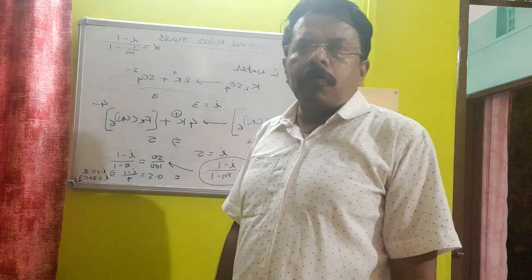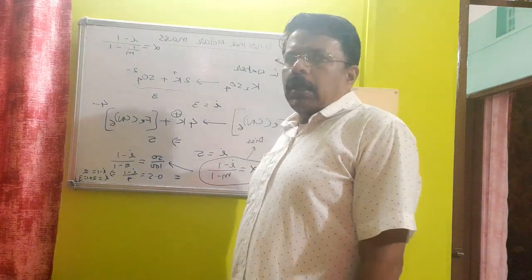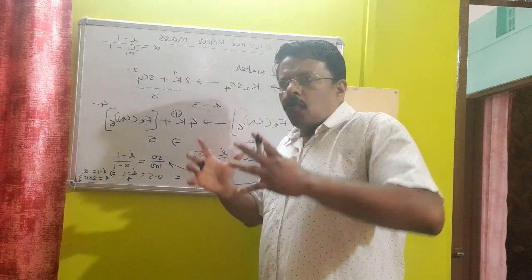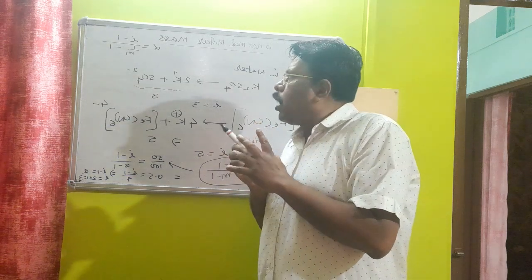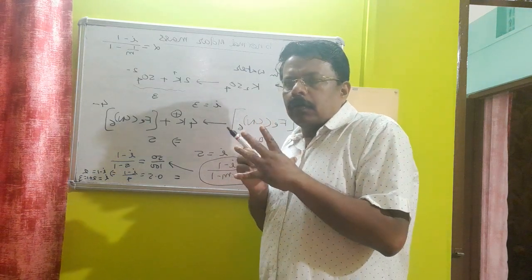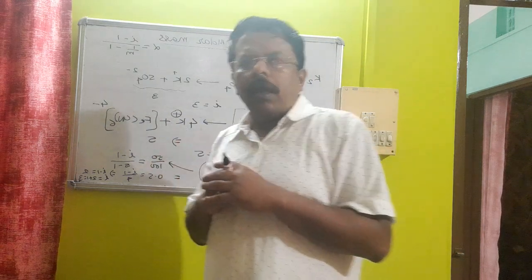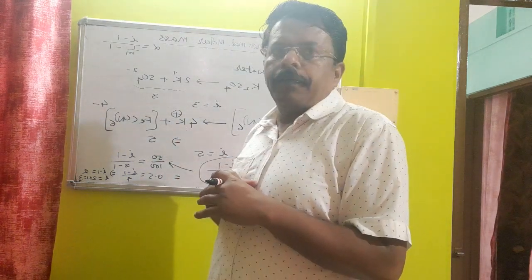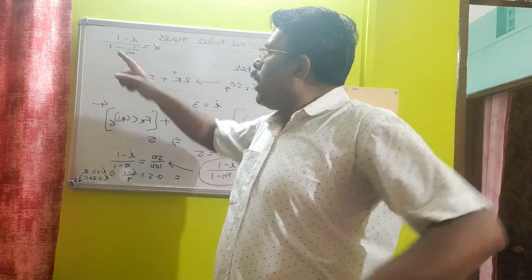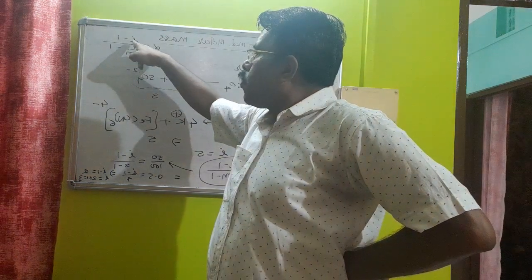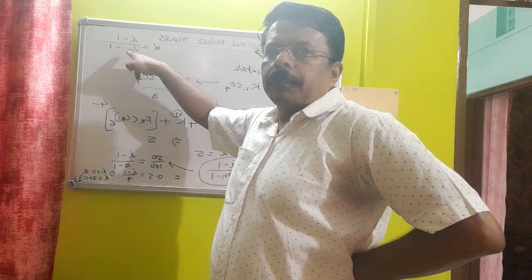For example, suppose there is a solute such that 4 particles are associating together to form a tetramer. In that case, we will write here 1 by 4.